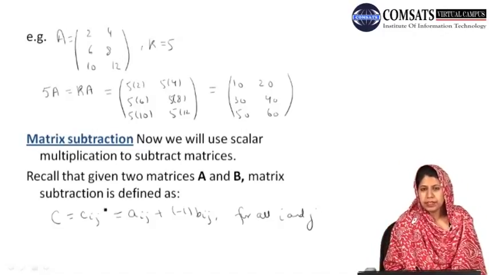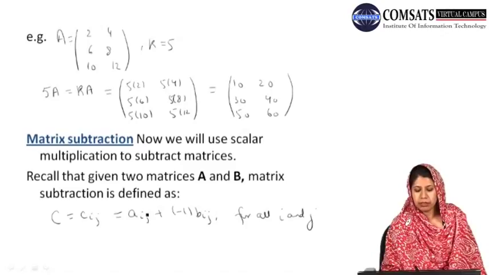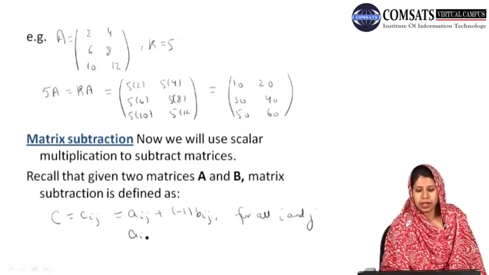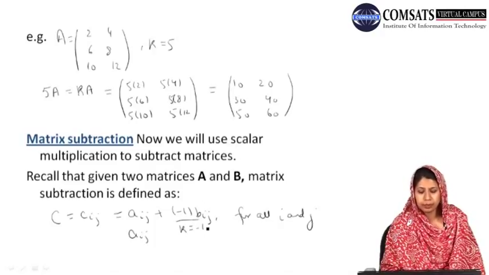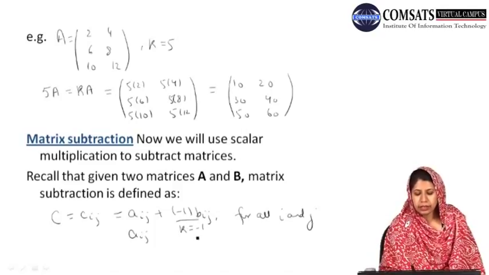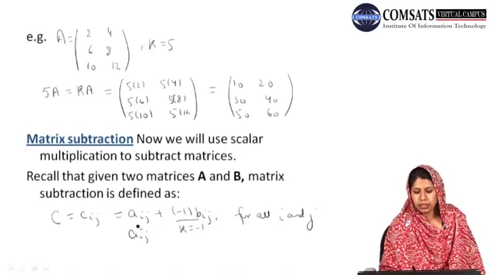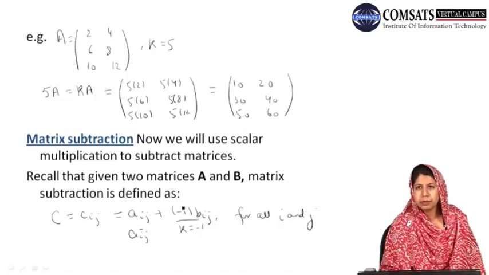So what we are doing basically in our matrix subtraction is that our matrix Aij stays as it is. We are taking the scalar multiple of our matrix Bij, that is, we are multiplying the matrix Bij with k equals -1, and then we are adding the resultant two matrices.